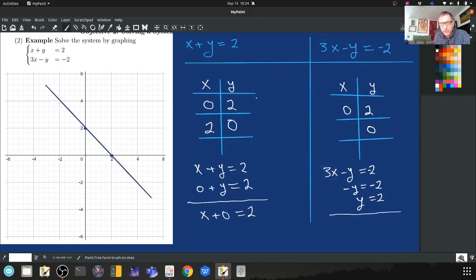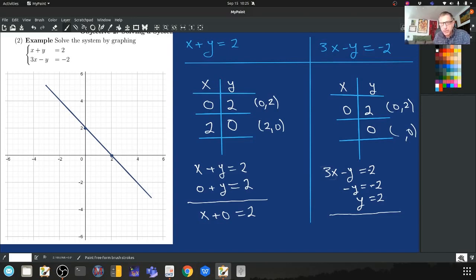So here I have a point 0, 2, and then point 2, 0. And over here I have 0, 2, and I don't know what this is going to be down here, but it's going to be 0 in the y slot. But I already know that at least there's one point that solves both of them, and that's going to be the point 0, 2.